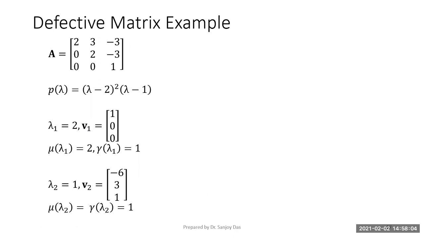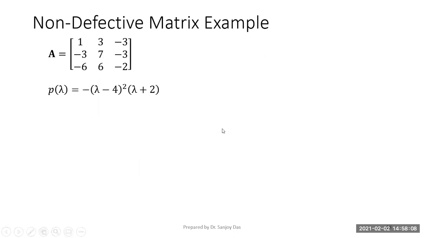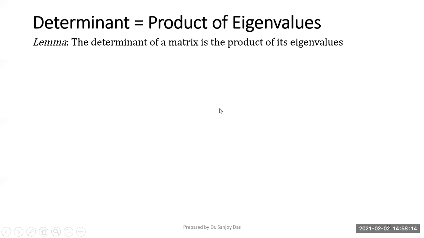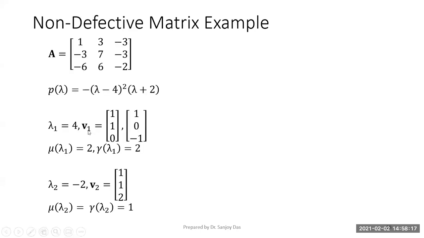Okay. So this is an example of a defective matrix. And this other matrix that we saw earlier is an example of a non-defective matrix. So we have 3 different vectors here. V1 has 2 values, (1, 1, 0) and (1, 0, -1), and V2 is (1, 1, 2). And they're all linearly independent, so they span a 3-dimensional vector space.